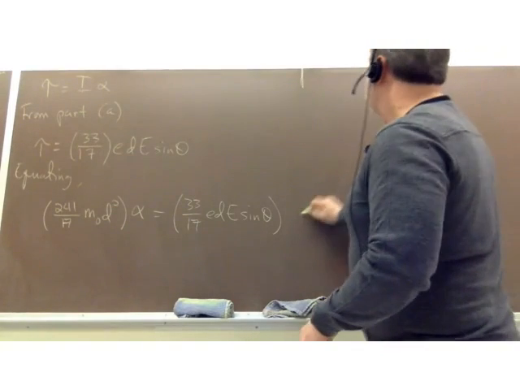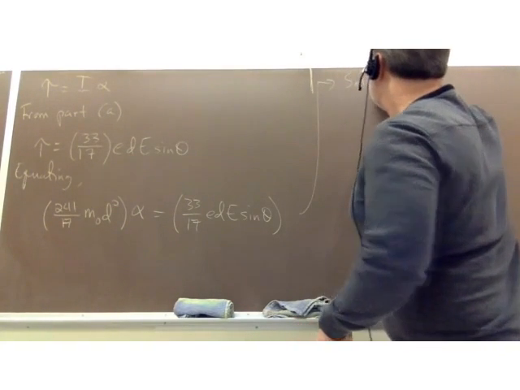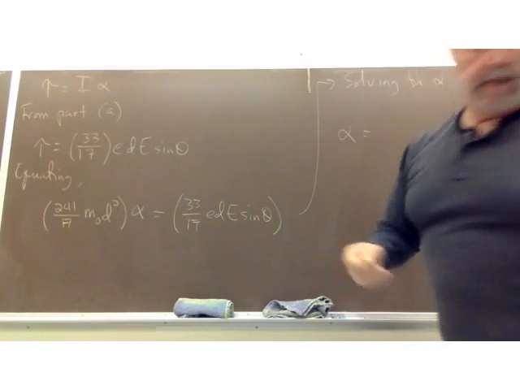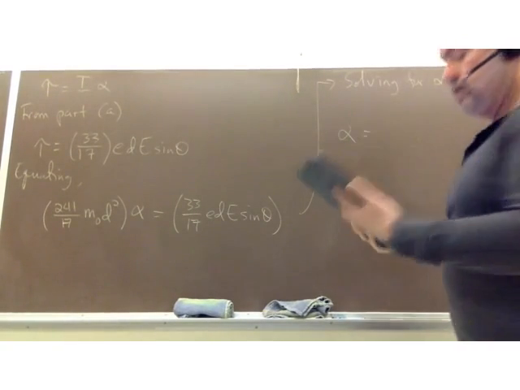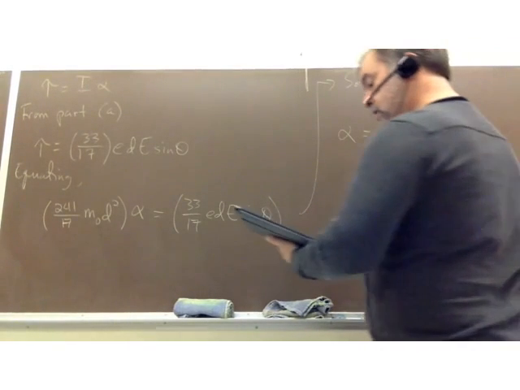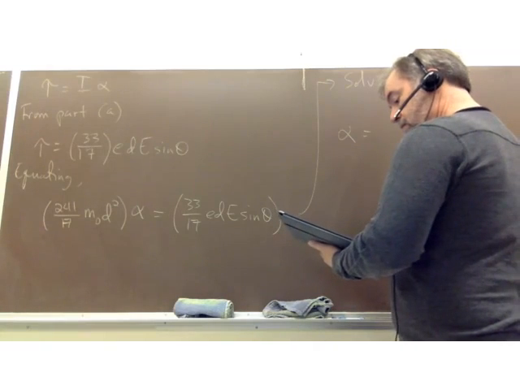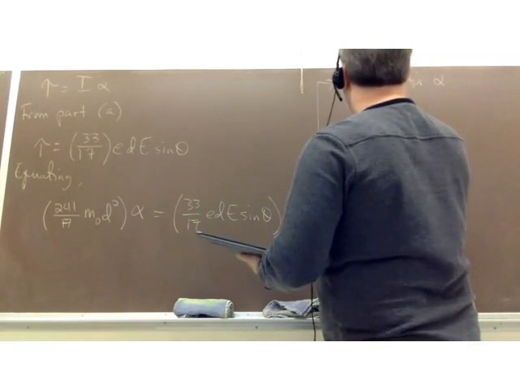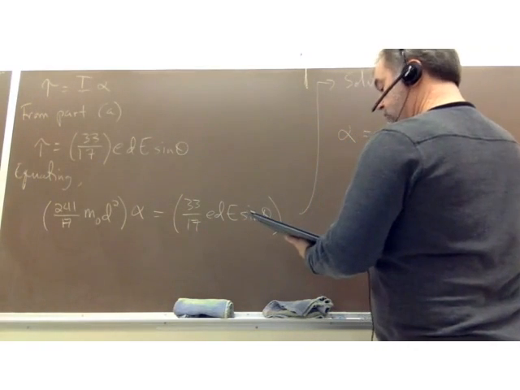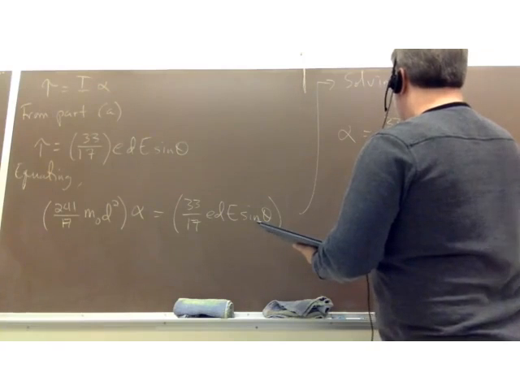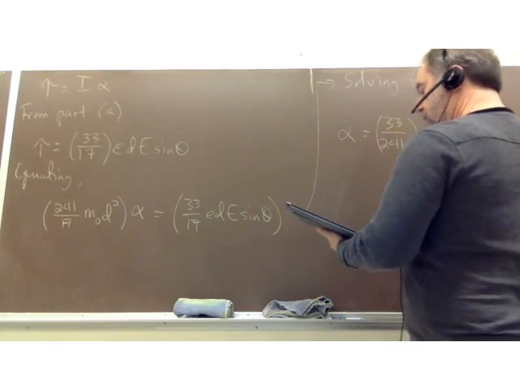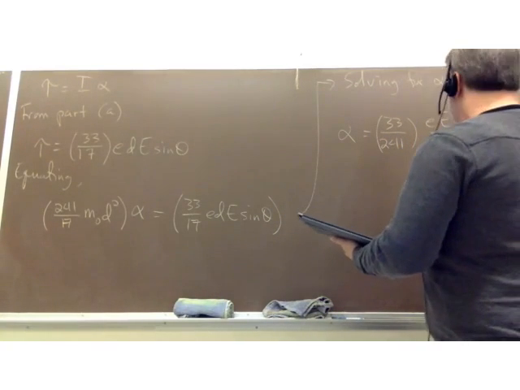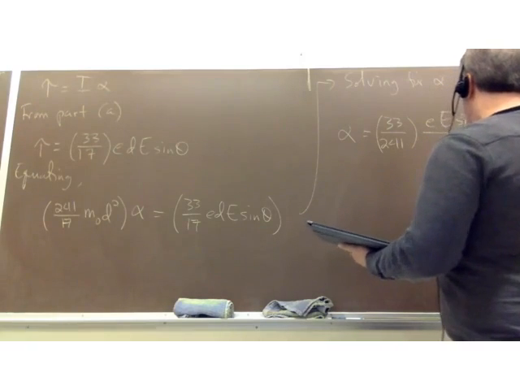All right. So we're basically done solving for alpha. I did so, and I got 33 over 241 times E, capital E, sine theta over D times m sub 0.